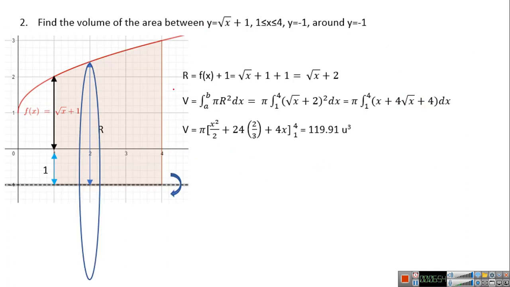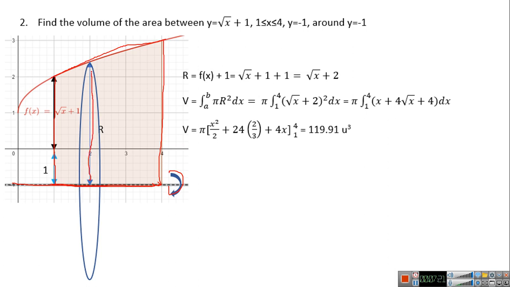Here find the volume of the area generated by the same y equals root x plus 1. We graphed it already from 1 till 4, and we rotate around y equals minus 1. Y equals minus 1 is here. So you want to rotate it. Since this is the area between y equals minus 1 and the curve that we graphed before, this is the radius.